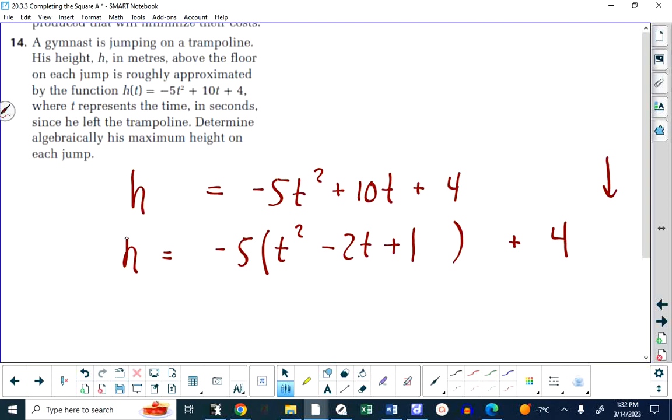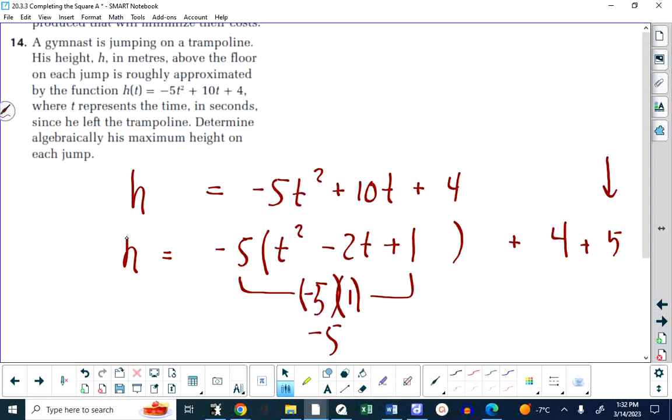Would it be negative 5? Be positive 5. Because when you multiply these two things together, you get negative 5, and you have to do the opposite. Well, there's the maximum height, 9.